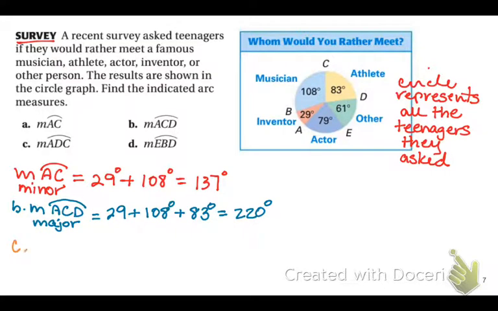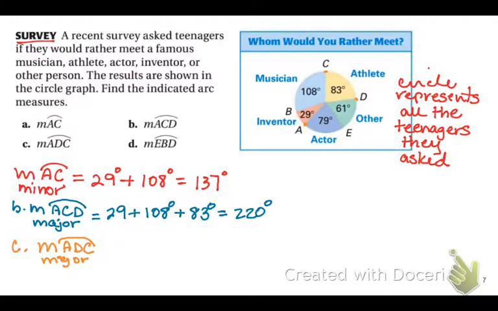Okay, C is the measure of angle ADC. Now here's A, here's D, here's C, and this is obviously a major arc. Sorry about the handwriting there.